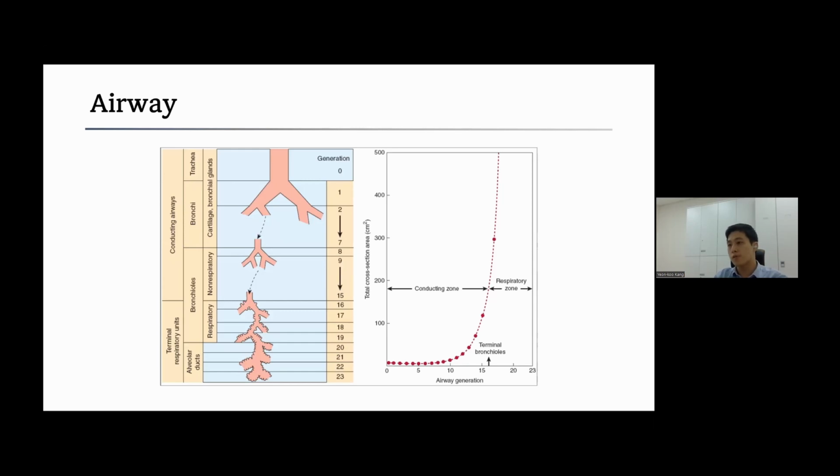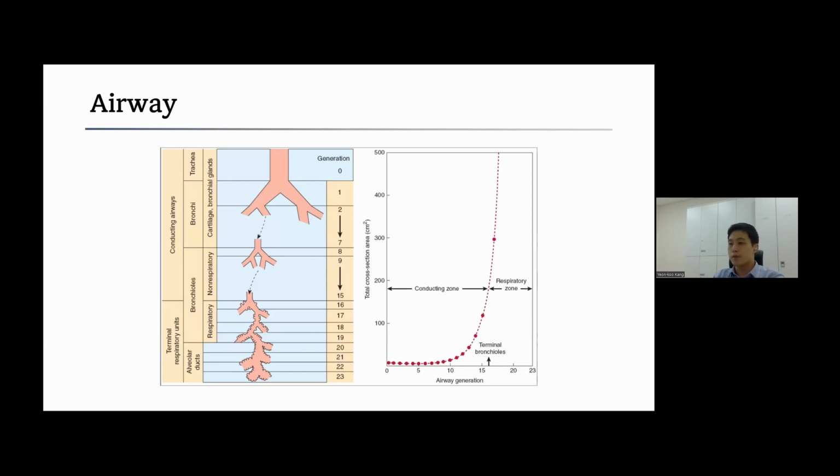The gradual division of the airway can be described as generations. The trachea, which is in the highest level of the airway, can be called generation 0. Then main bronchi can be called generation 1, lower bronchi are 2, and segmental bronchi are 3.